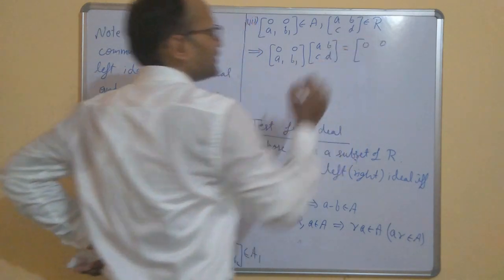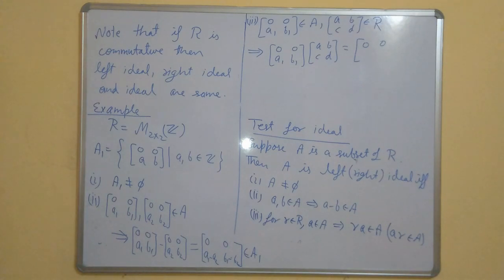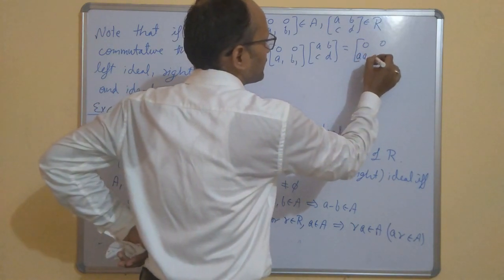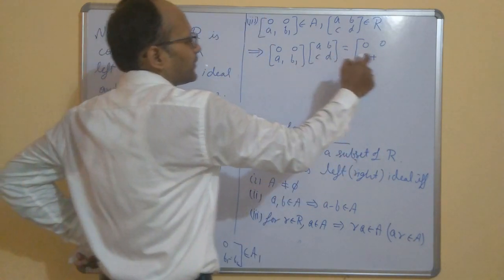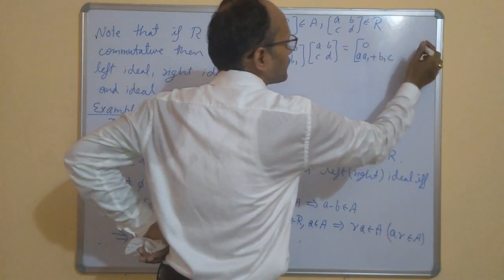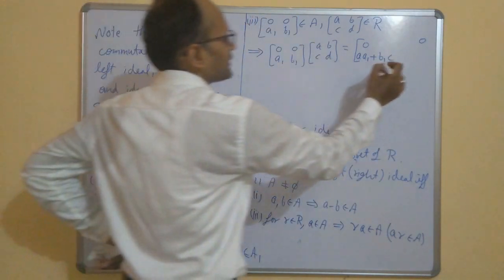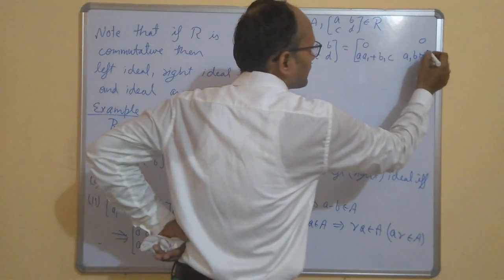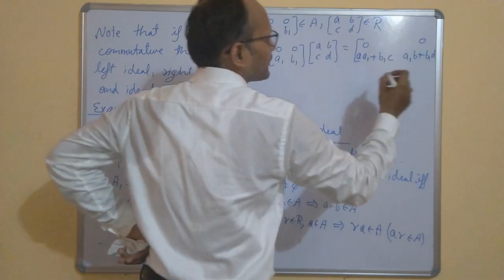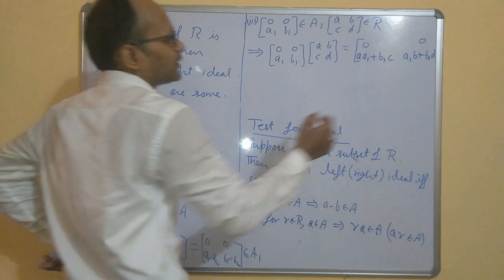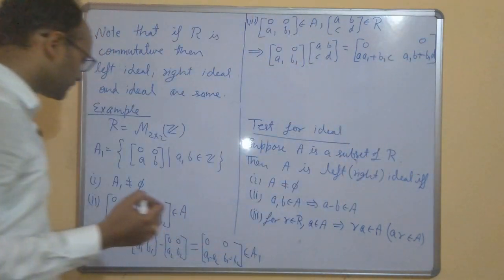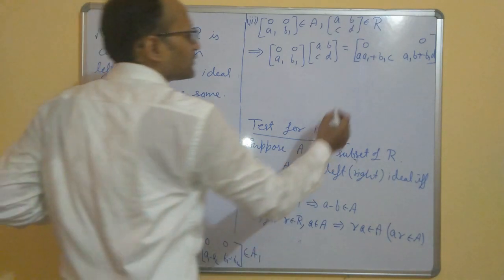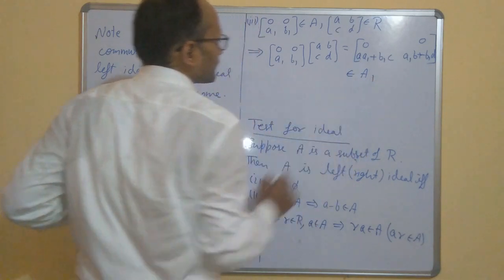So it will turn out to be 0 0 and in the second row, a1 a plus b1 c, and this is a1 b plus b1 d. So this is again of this form. As you can see that it is of this form. So because it is of this form, this belongs to A1.